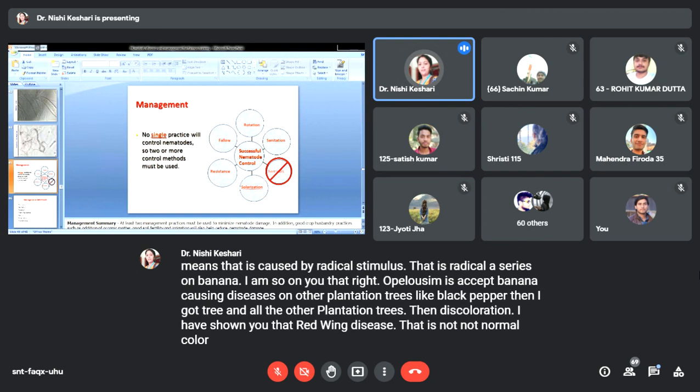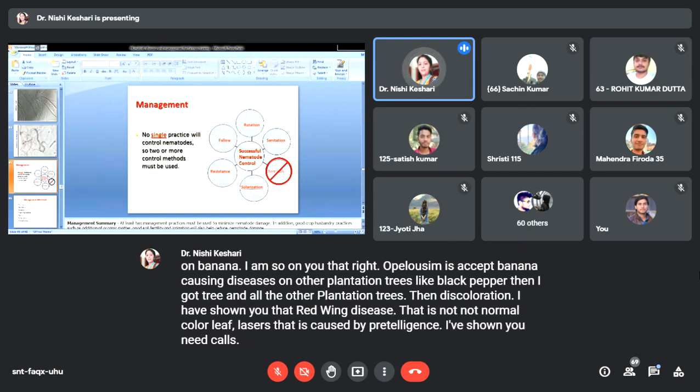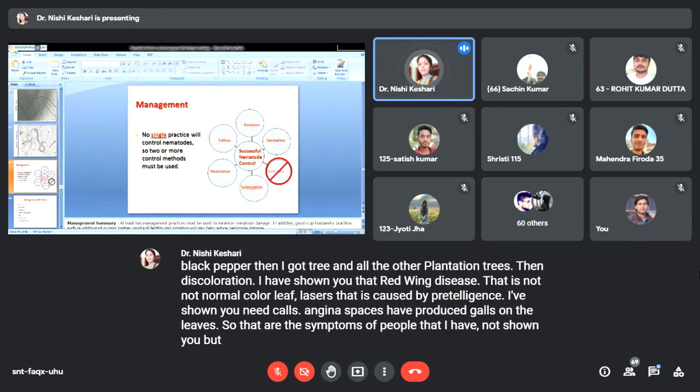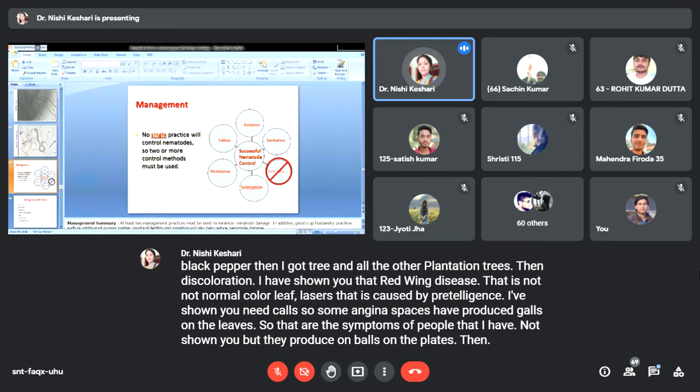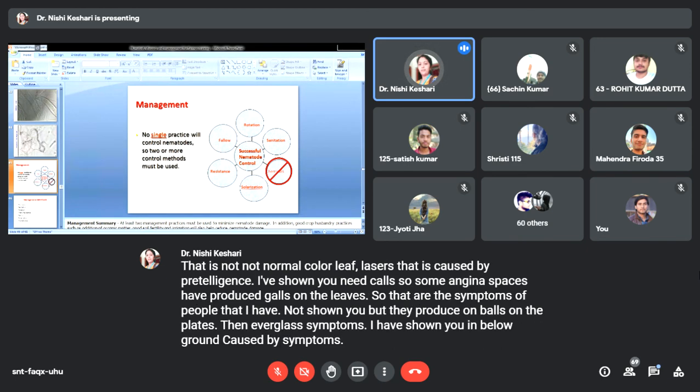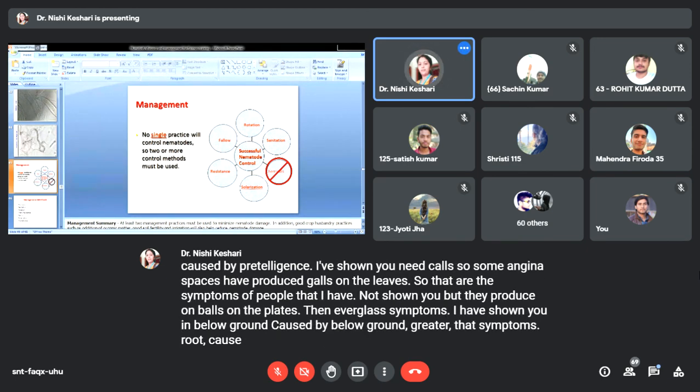Leaf lesions, that is caused by Pratylenchus. I have shown you leaf galls. So some Anguina species produce galls on the leaves. So that is the symptom of leaf gall that I have not shown you, but they produce galls on the leaves. Then above ground symptoms I have shown you. In below ground symptoms caused by below ground feeders, that root cause you have seen, reduced root system you have seen.